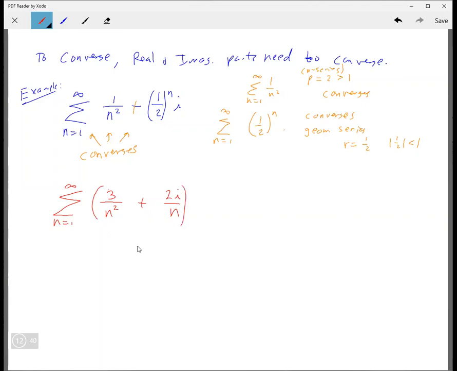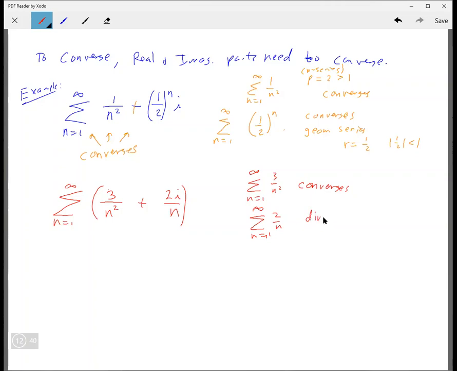Converge or diverge? Okay, so let's take a look at this one first. Converge or diverge? Converge. Yeah, this one converges. This 3 is larger than 1. What about this one? Converges as well.